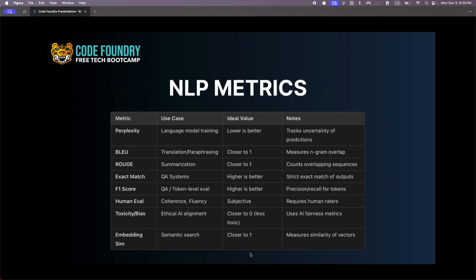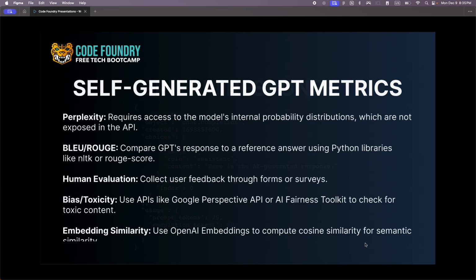That's one of the metrics for NLPs, which measures similarity of vectors. And that's something that I don't completely understand, but if you're looking into creating or implementing an AI, especially an OpenAI GPT API, I would recommend looking into that as well.